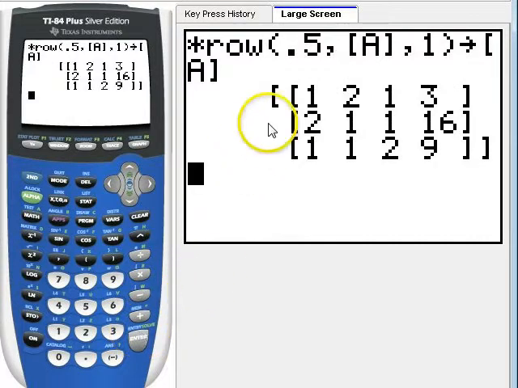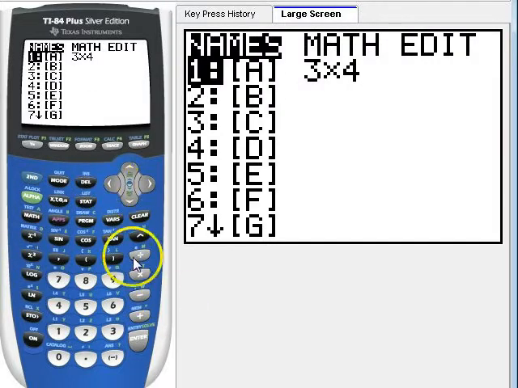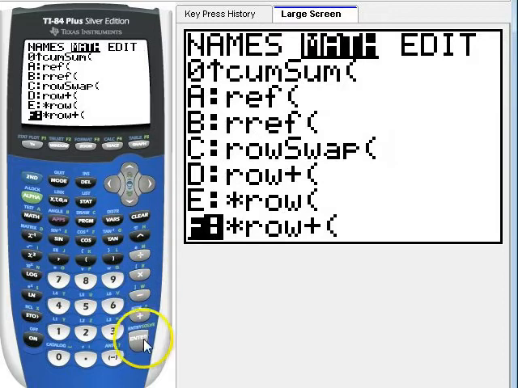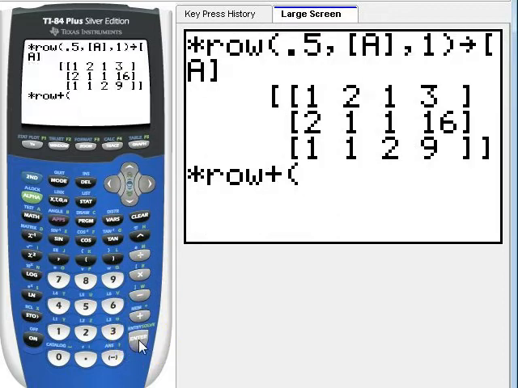Now I'm going to use this one to do the second row operation to turn this 2 into a 0. Second matrix math, use rule F, which is the main rule.